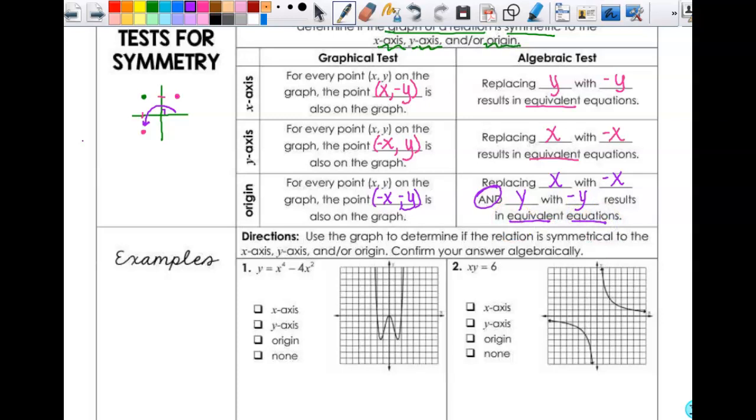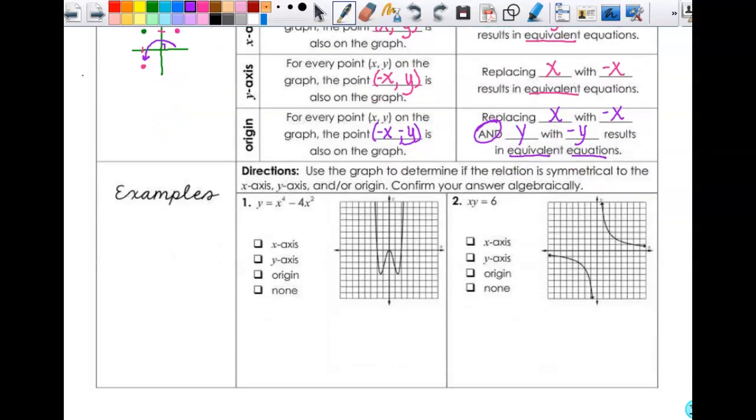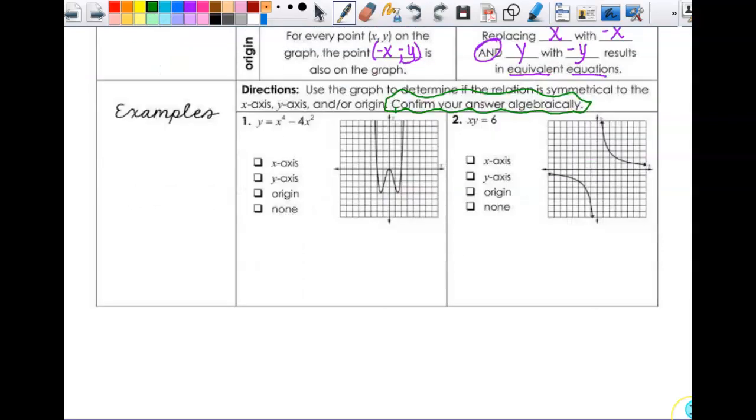Okay? So we are going to predict based on the graph, and then we are going to confirm your answer algebraically. It means you already know what the answer is when you're confirming it or justifying it. You're basically just showing why that's true.